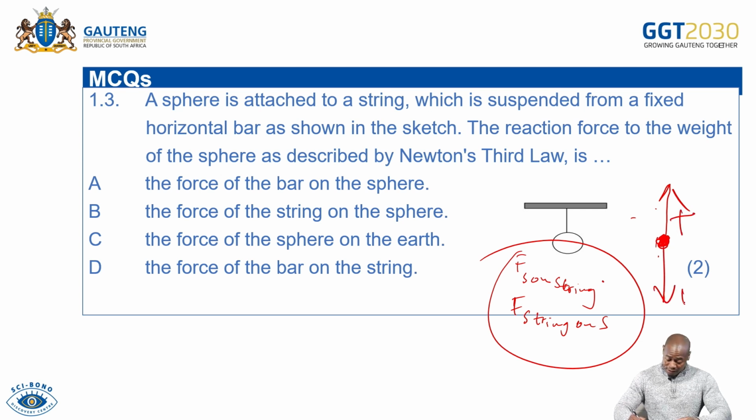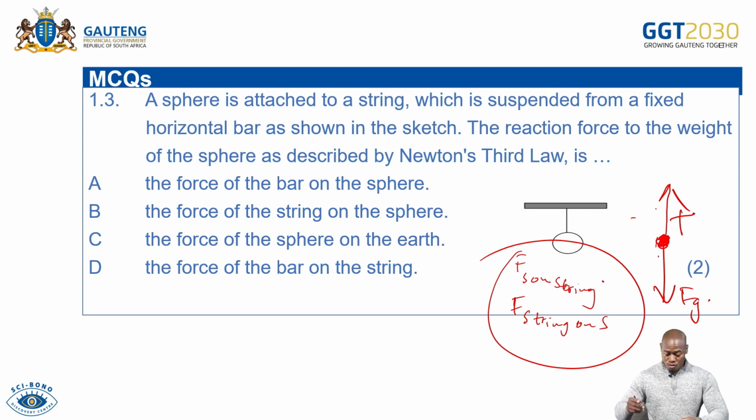And also the gravitational force, right? So those are the two forces acting on the sphere. There's tension because of that string connected to the sphere, and then there will be the gravitational force.